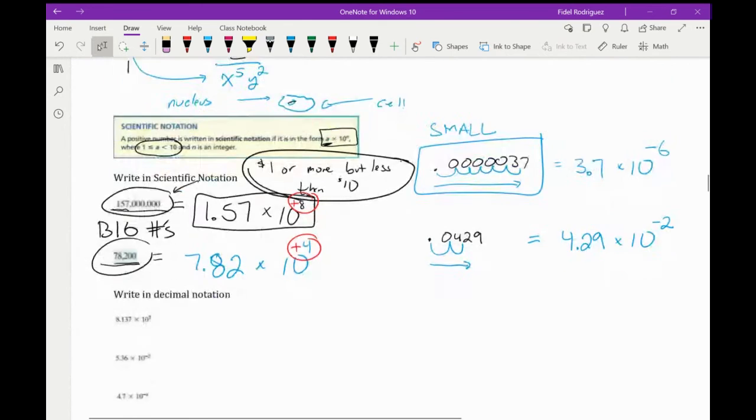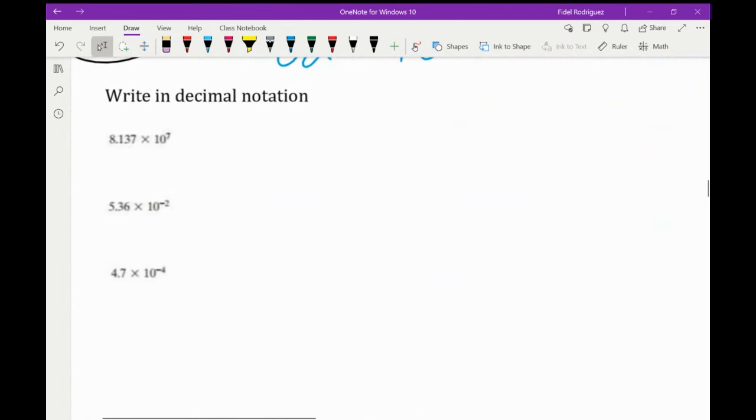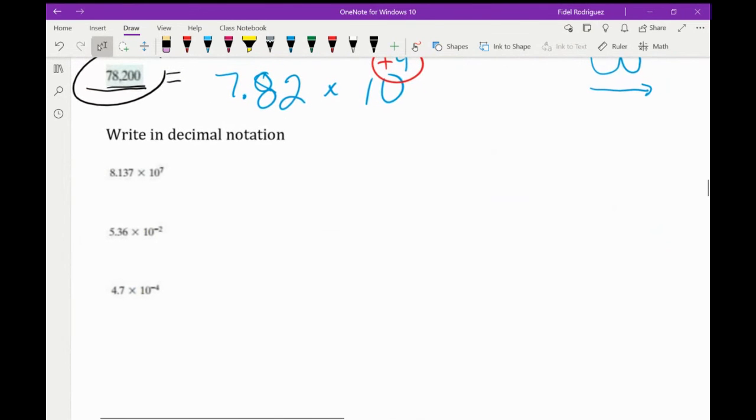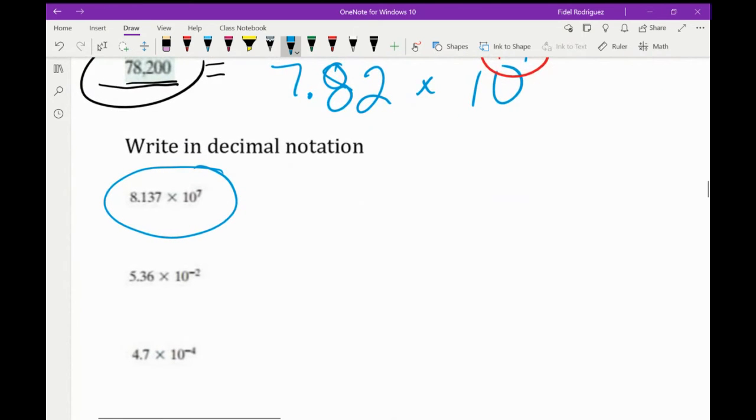Okay. So I'll tell you what, let's take a look at these here. These problems are now just asking us to go backwards, meaning can we write this as a regular number? And we definitely can. So the first thing I want you to notice about this number here, it's 8.137 times 10 to the 7th.